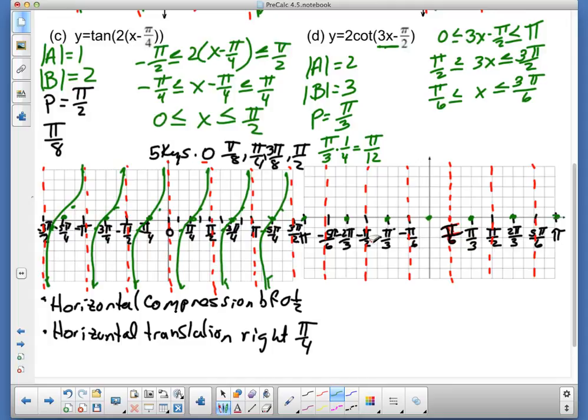My zeros are put in, and now keep in mind it's cotangent and it's positive, so it's constantly decreasing, and it's 2. So out here at the pi over 12 spot, I'm out at 2, and I'm out at 2, and I'm 2 out, and I'm 2 out, and now I just get to fill in.